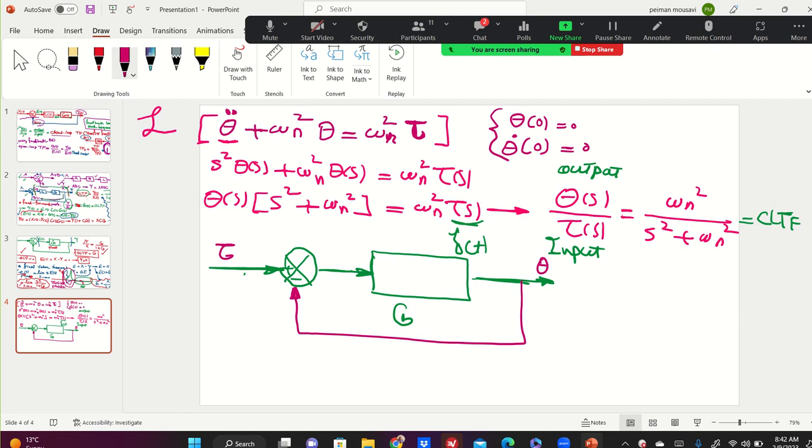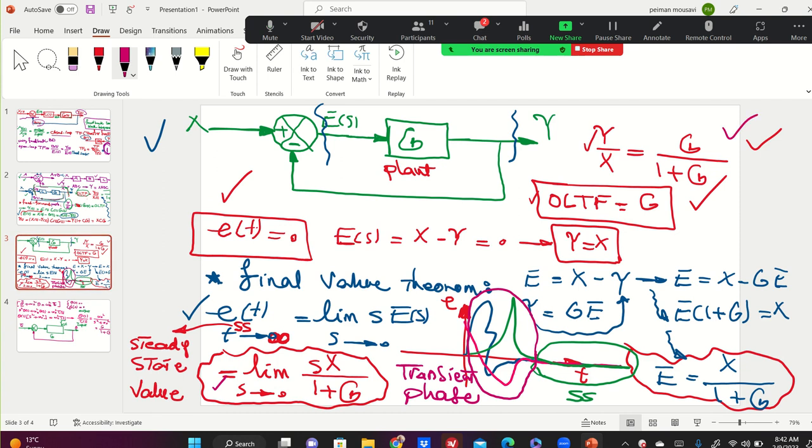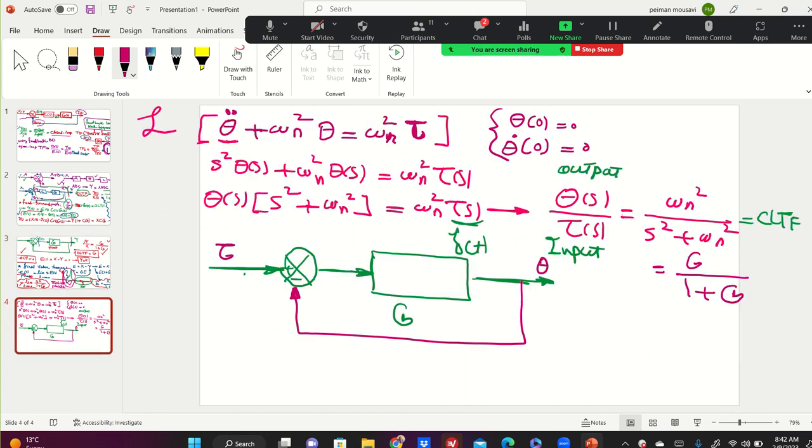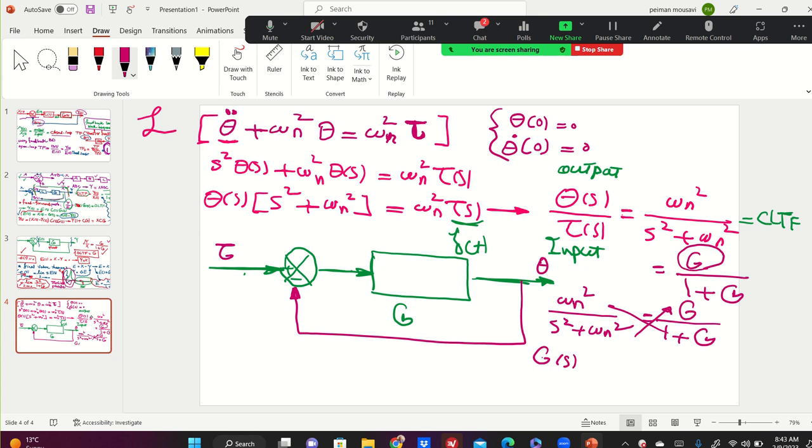But I taught you that output over input is G over 1 plus G. So from here you can find G. Omega n squared over s squared plus omega n squared is G over 1 plus G. If you multiply these out, G of s, I bet you a million dollars, is 1 over s squared.